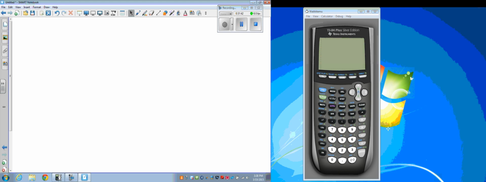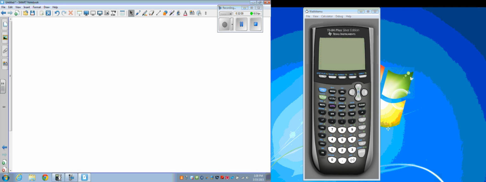Cosine and sine are co-functions, so the cosine of an angle has co-function sine of 90 minus the angle. We've done all those before, right? Yeah, on page 217. So they're just telling us again. Yeah, I remember that. All right.